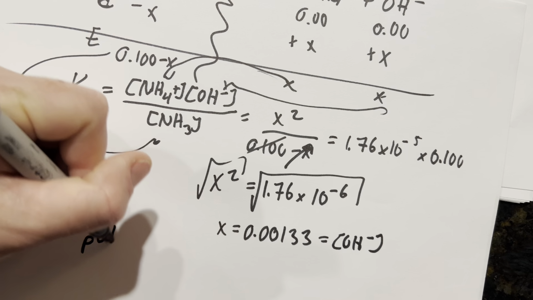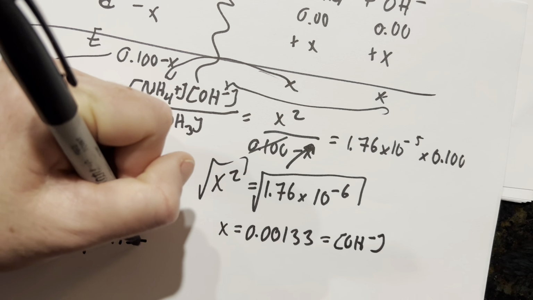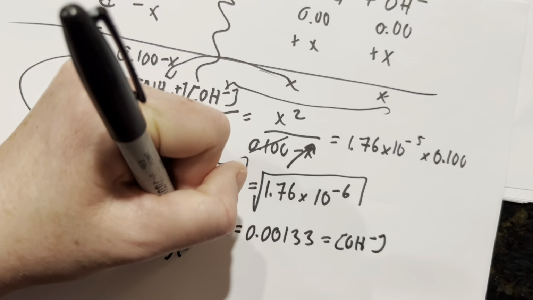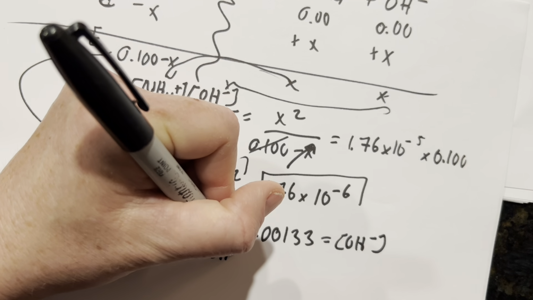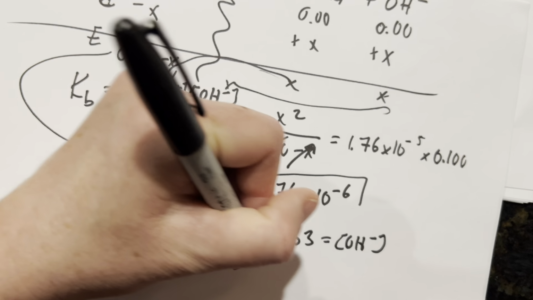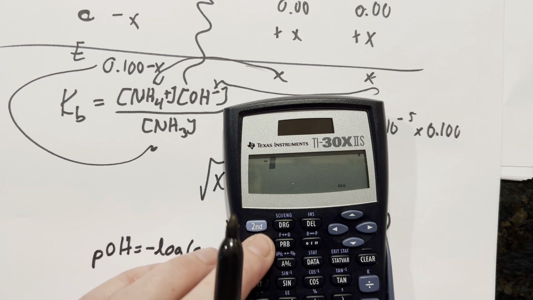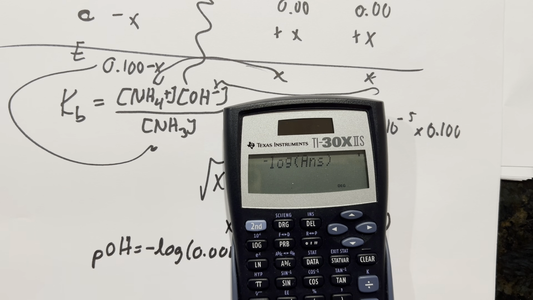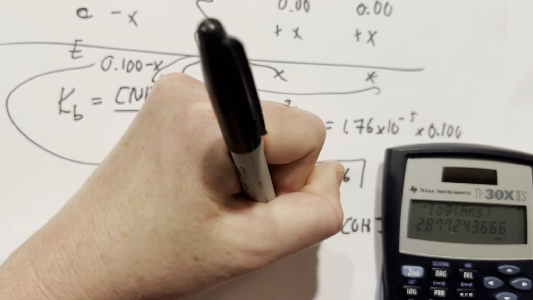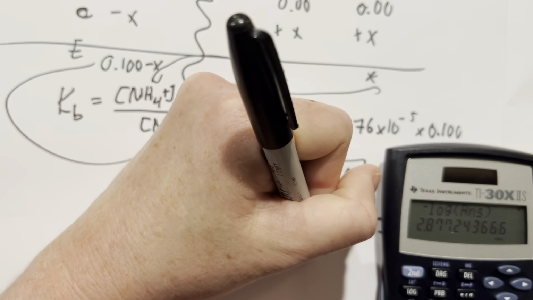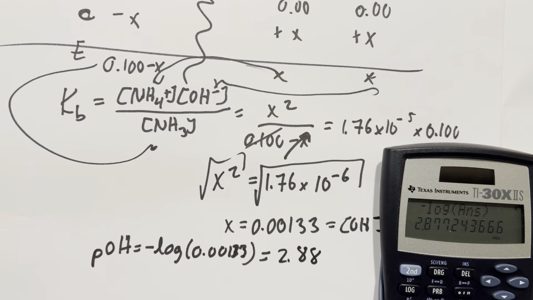Let's first find the pOH, which is the negative log of that. So I'm just going to take the negative log of this answer, and I get 2.88.